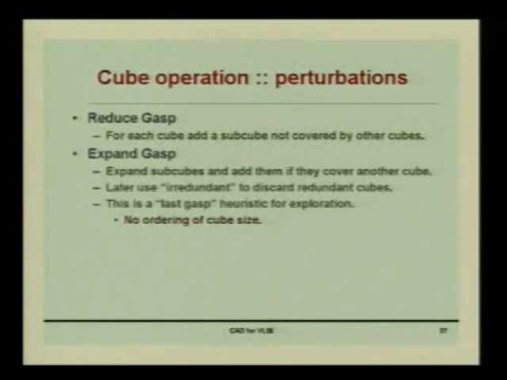What is the use of that? The reduce step is done because suppose in some other direction you can get some bigger block that you have not got in the previous expand step. In those cases the reduce step will help.